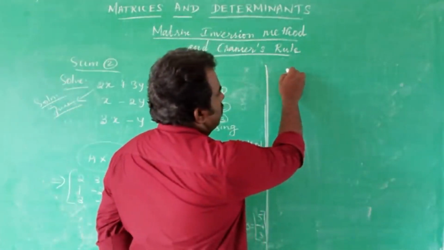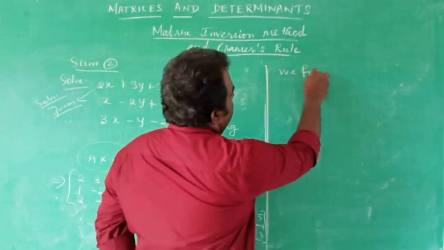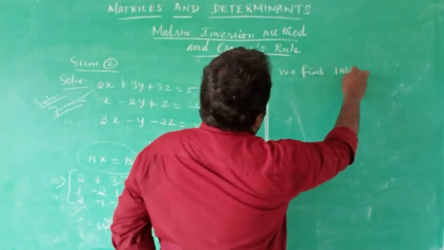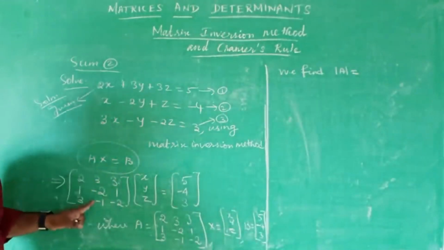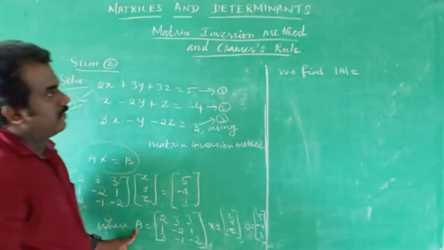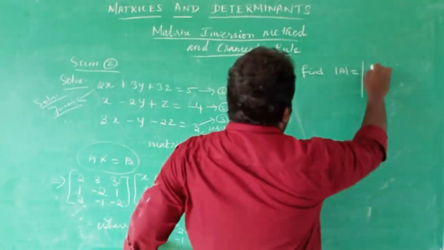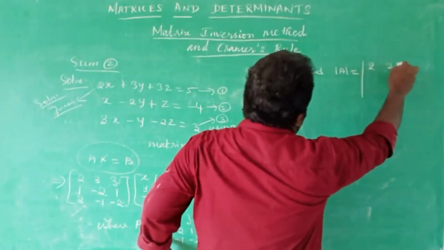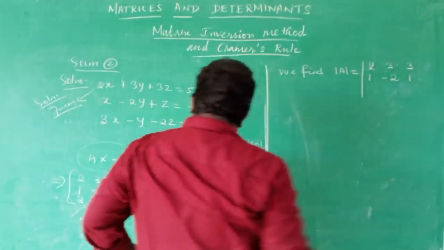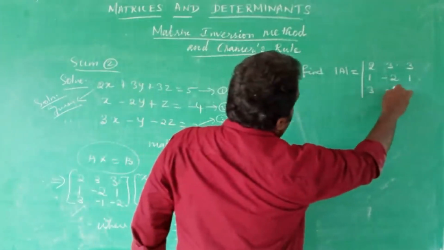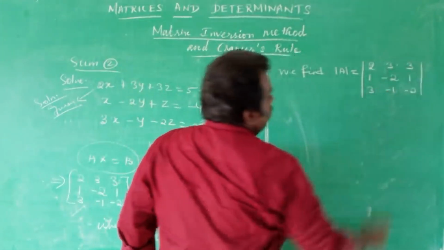Next we have to find A inverse. Before that, we find the determinant of A. Take the determinant of the coefficient matrix 2, 3, 3, and 1, minus 2, 1, and 3, minus 1, minus 2.